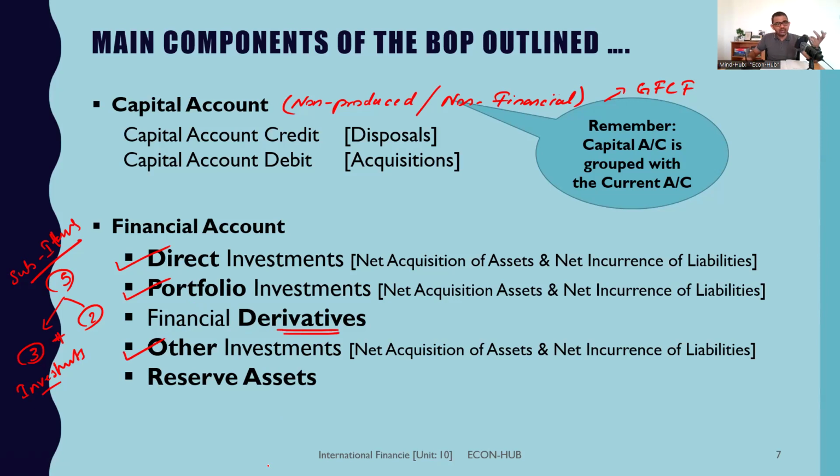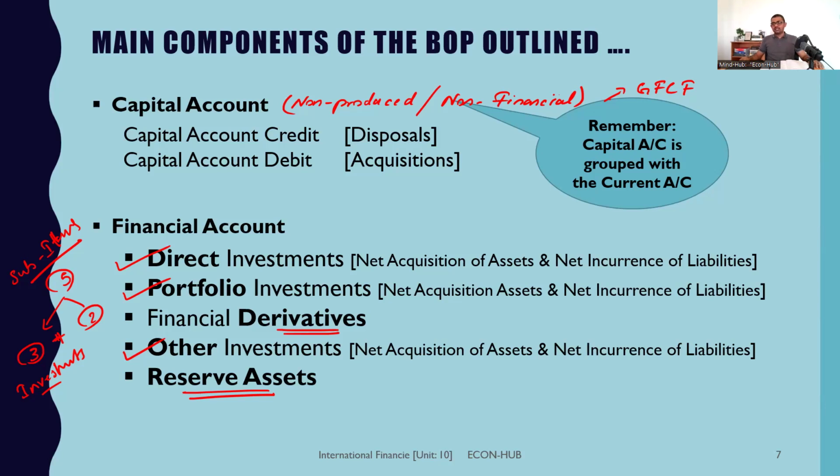That's a word to keep in mind, derivatives. And reserve assets, the thing we are going to talk about separately. So how many items? 5 items. 3 plus 2. 3 types of investments: direct, portfolio, other. Derivatives, reserve assets. 5 items are there. No need to sing a song about it. You can remember easily. Are we clear?